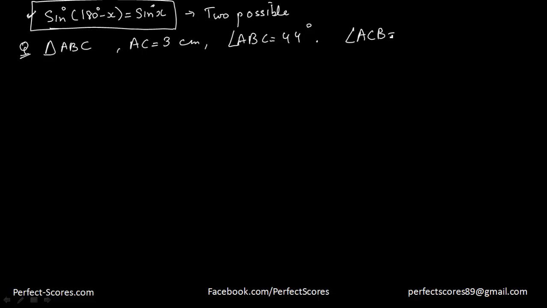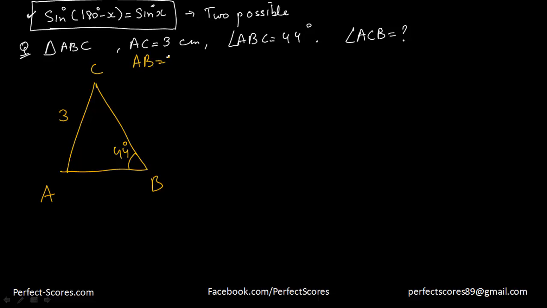If we draw the triangle, this is A, this is B, and this is C. AC is 3 centimeters and angle ABC is 44 degrees. We have also been given that AB is equal to 4 centimeters, and we have to find this angle, x degrees.